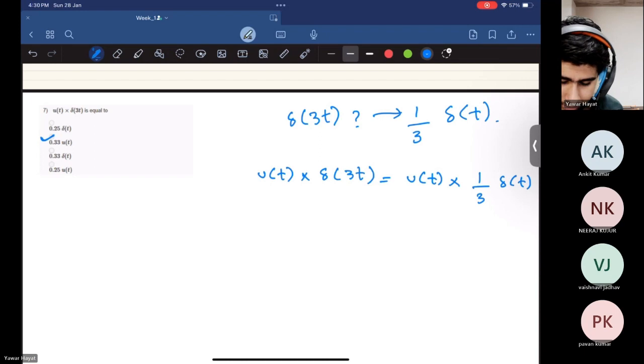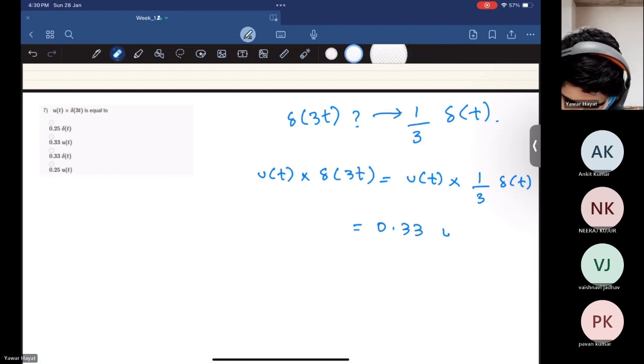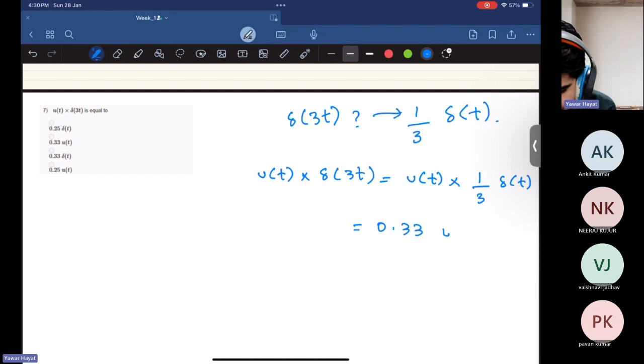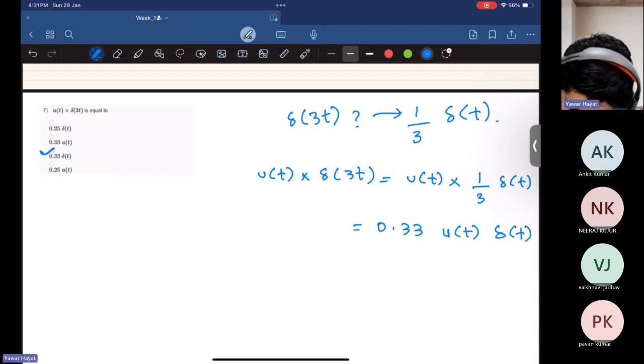And that is nothing but 0.33... Oh, wait. It should be delta of t, right? I guess option 3, u of t times delta of t. Let's see why that is so.